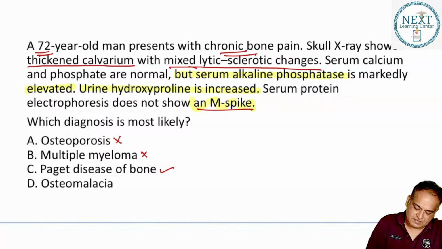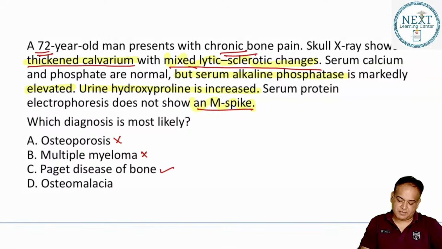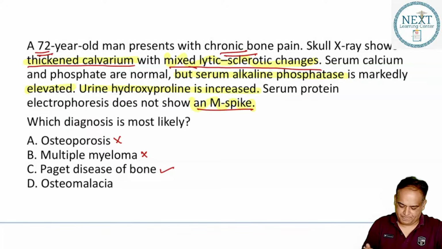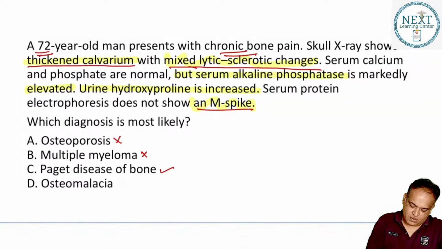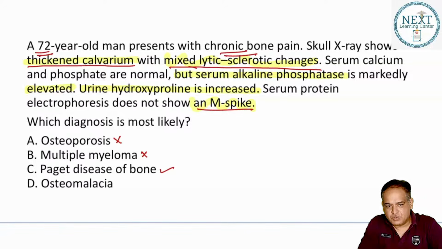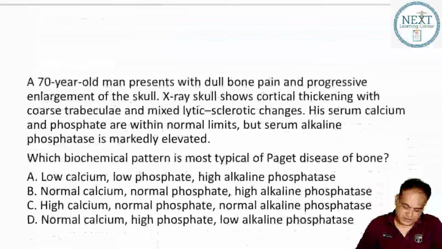Your patient has thickened bone, right? Mixed changes. Serum calcium is normal in the second stage of Paget, right? Osteomalacia is commonly seen in a younger age group. Fine. So this is a typical case of Paget disease.